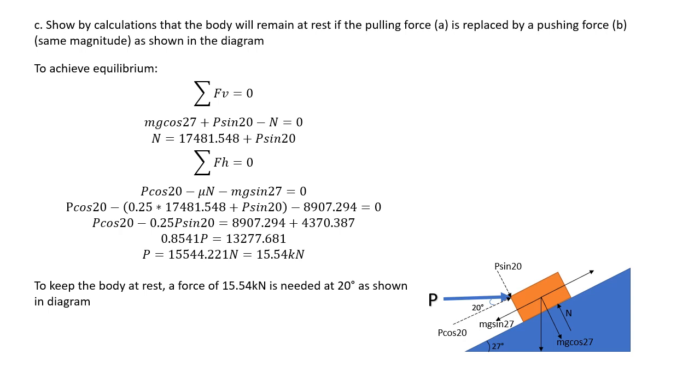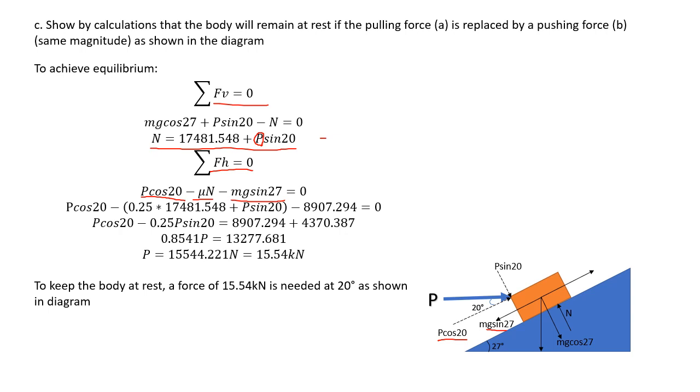So to achieve equilibrium, we do the same thing. For the sum of vertical forces, we have the normal force here, but we don't know the pushing force, so we save that for later. Now for the sum of horizontal forces, we have the horizontal component minus the friction minus the weight of the body.